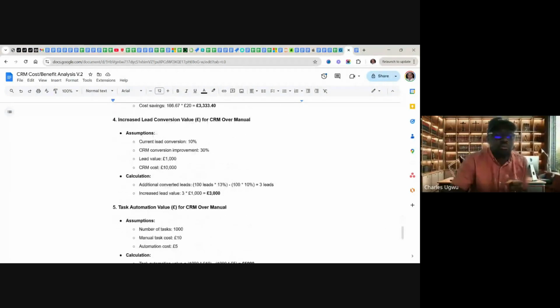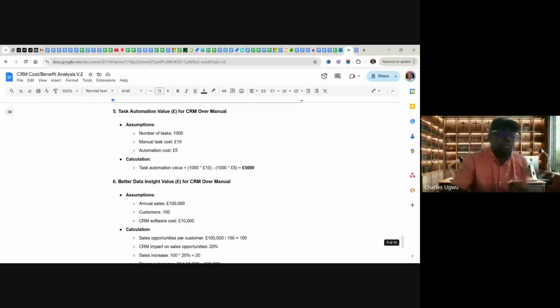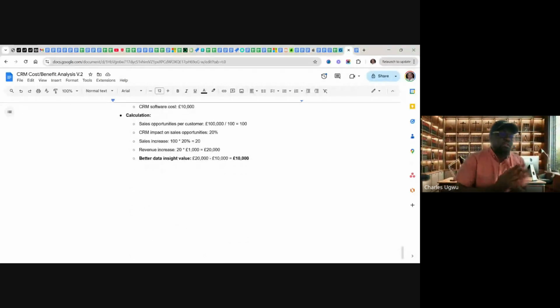But in the industry, this is the most popular formula or technique for determining project or solution cost or viability.